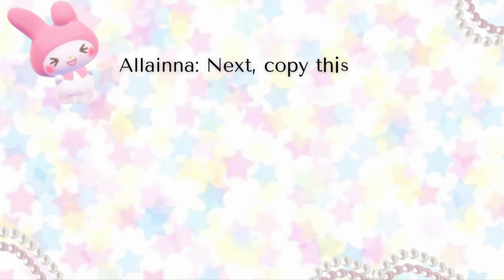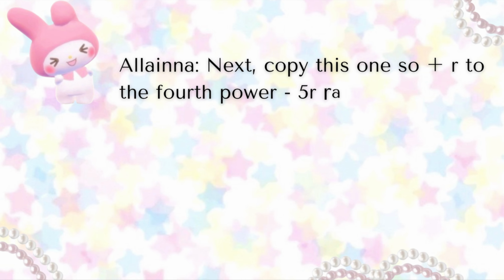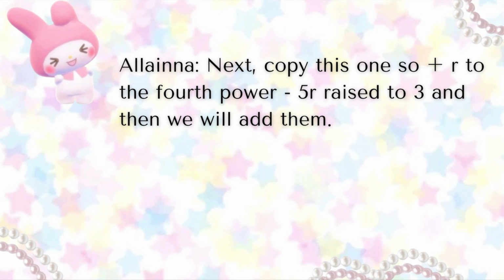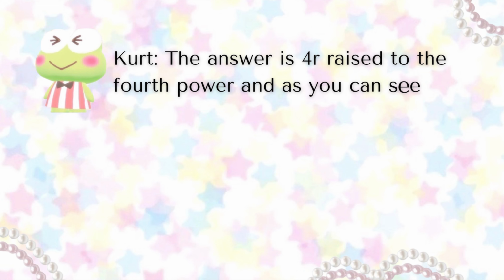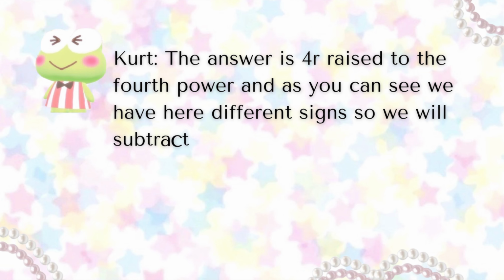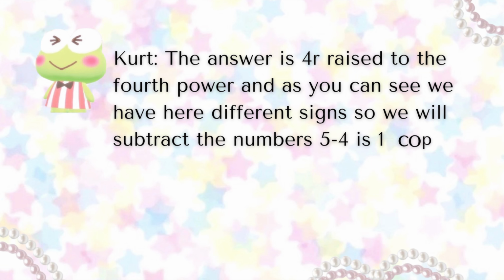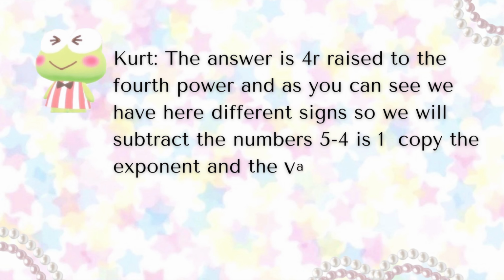Next, copy this one, so plus r⁴ minus 5r³, and then we will add them. The answer is 4r⁴, and as you can see, we have different signs for the r³ terms, so we will subtract the numbers. 5 minus 4 is 1. Copy the exponent and the variable.